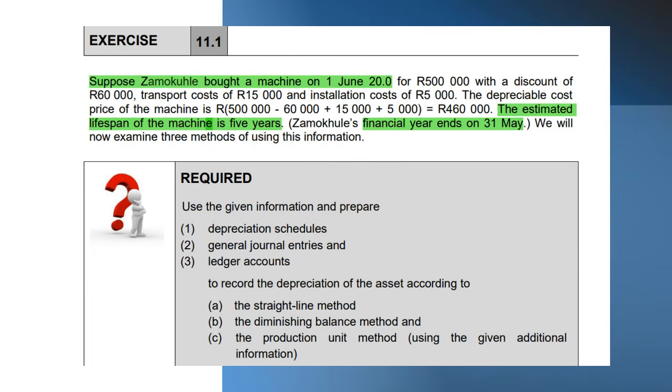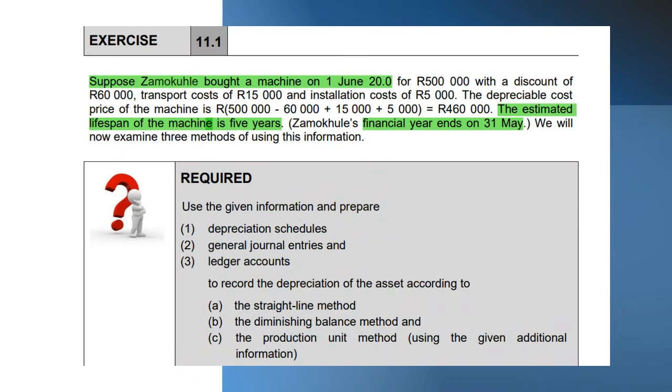Now I want us to look into this particular exercise. This is exercise 11.1. You'll find it there in your study unit 11 for FAC 1502 students.